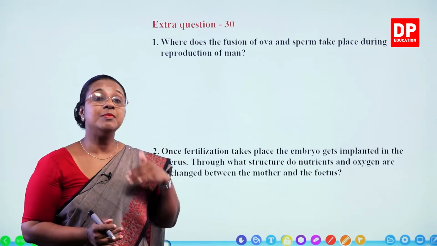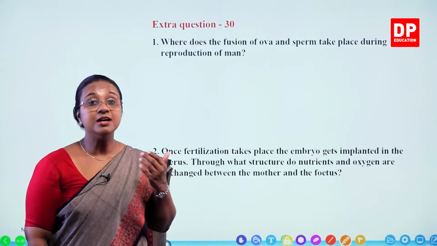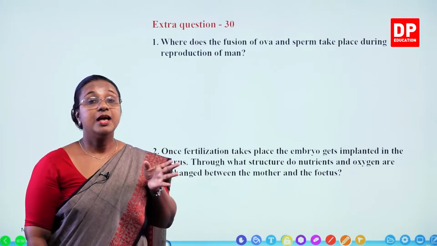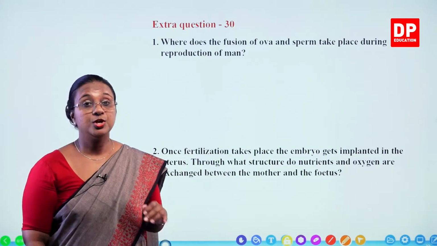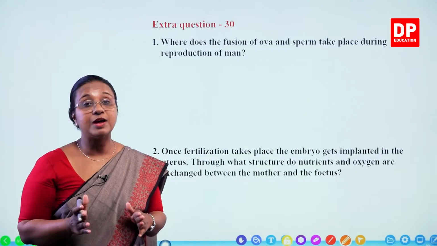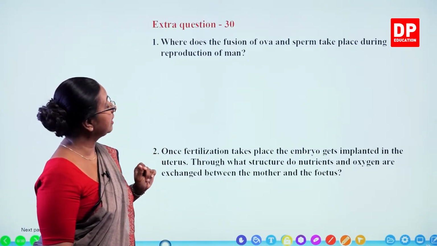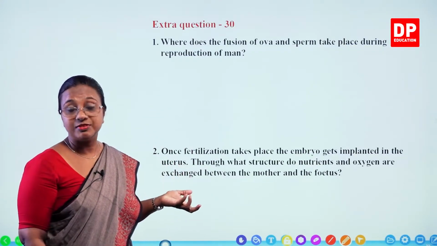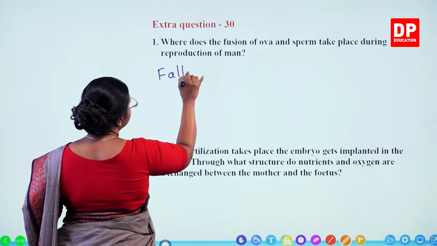At the same time, the seminal fluid or semen is ejected into the vagina by the penis, and there the sperms actually swim through the uterus into the fallopian tube. So if fertilization takes place, it occurs within the fallopian tube. Where does the fusion of ova and sperm take place during reproduction of man? So, fusion of ova and sperm is fertilization, and that occurs in the fallopian tube.